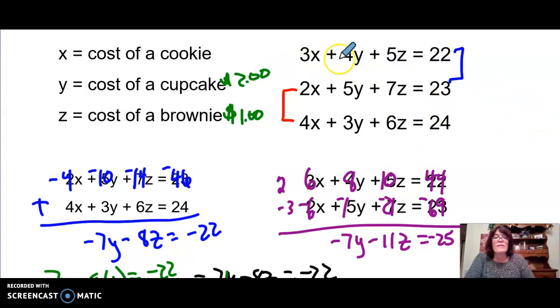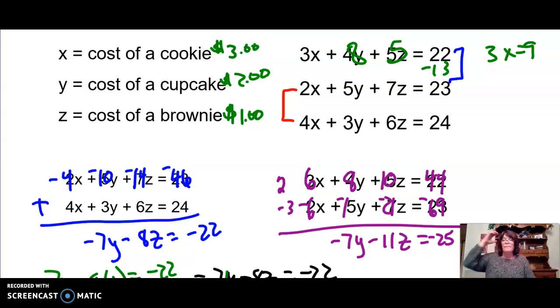So to figure out x, I'll just put 2 in for y, 1 in for z, 8, 9, 10, 11, 12, that's 13. Subtract 13 from 22. It looks like 3x equals 9, so x was 3. That was a big cookie.